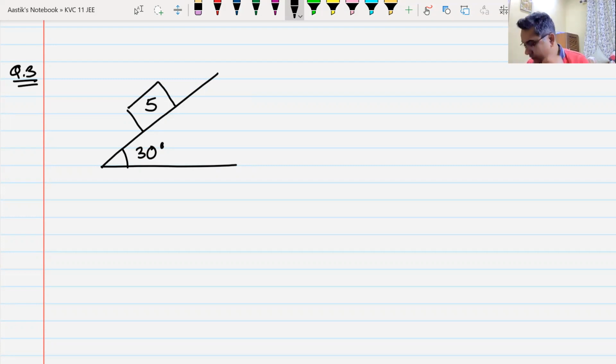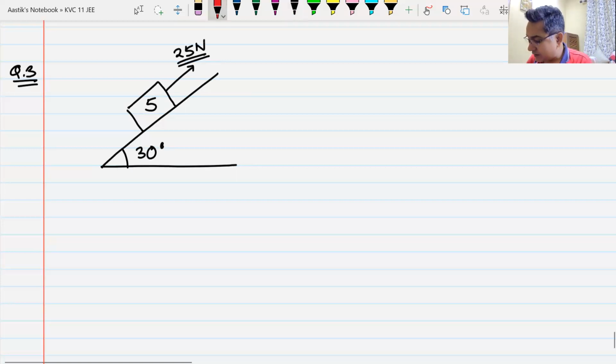If I now apply a force in the upward direction, and let us say that this force is 25 newtons, can you now tell me what will be the acceleration of the block? This is the simplest possible question that I could have made.